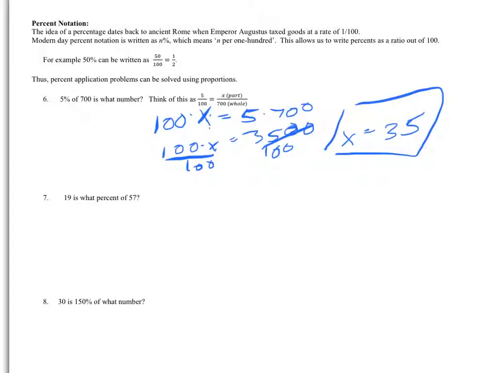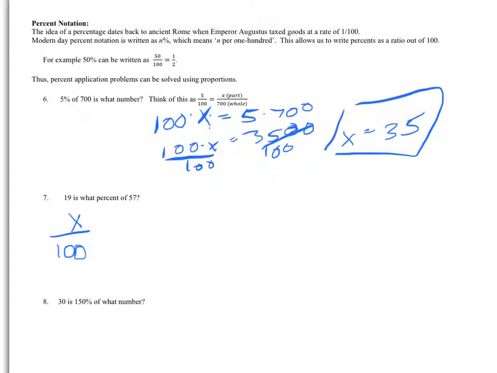In number 7, the question is worded a little bit differently. Instead of looking for the part out of the whole, we're now looking for the percent. How do I know that? When I read it, it says 19 is what percent of 57. So I can write this one as x over 100. We can always write our percent as a number out of 100.